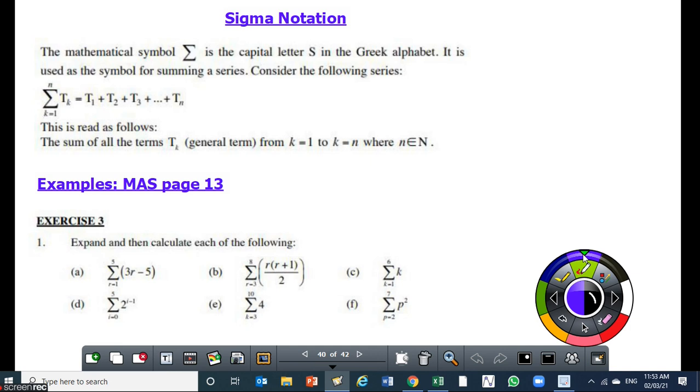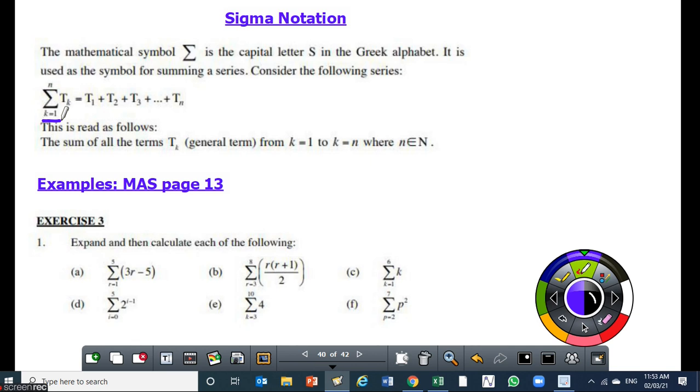When you write the sigma notation, you must indicate the position of the first term. So like here, it's k from k equal to 1. It means the first term is going to be determined by substituting k equal to 1, up to k equal to n. Okay? So n is going to be the position of the last term.